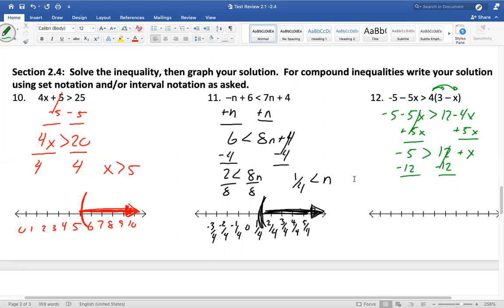And now we have x is less than -17. So -17, and then we could skip, so -15, -13, -11, -19, -21. Now, it's going to be a curved bracket, and we're shading to the left.